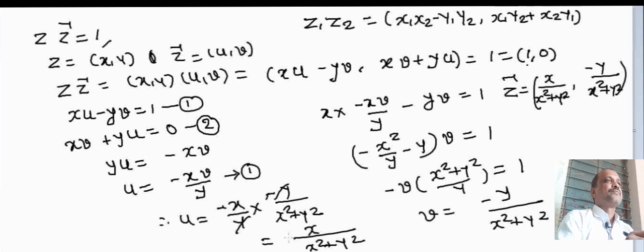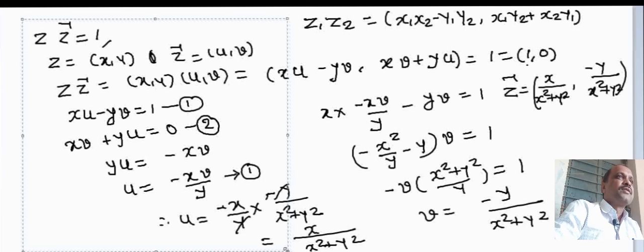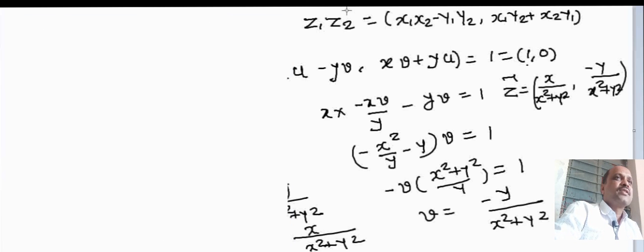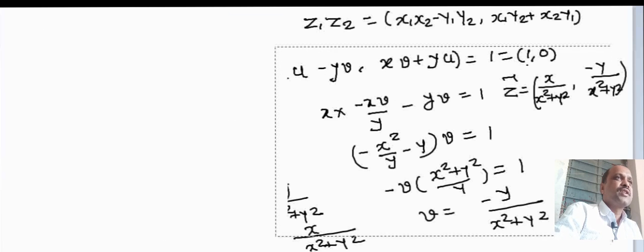Now friend, we have seen that the complex number z equal to x plus iy, and you are thinking about how we represent the number i in terms of ordered pair. So let us find the value of the imaginary number i in terms of ordered pair. Okay, so this is my complex inverse.